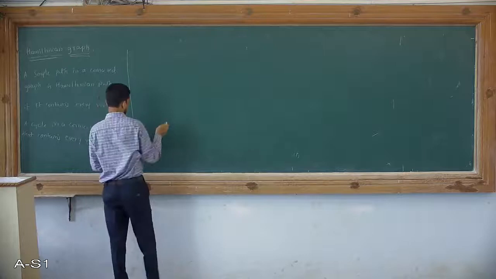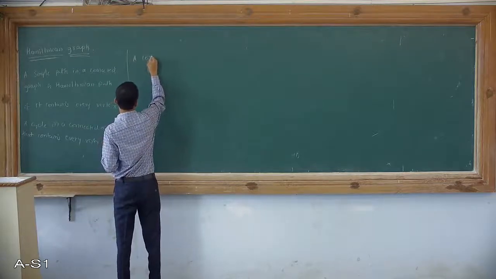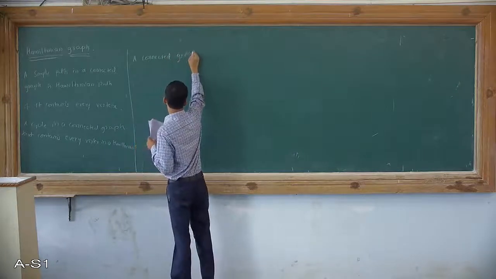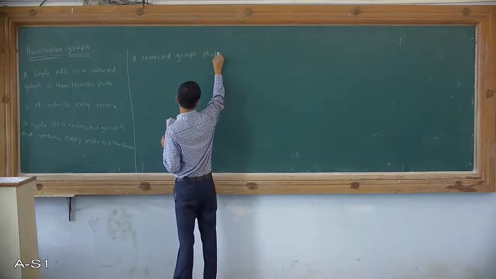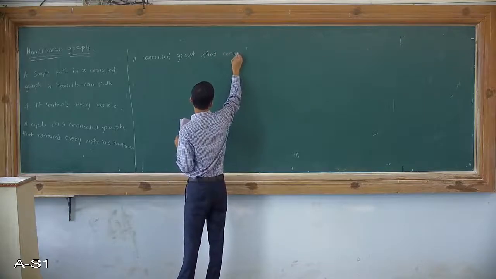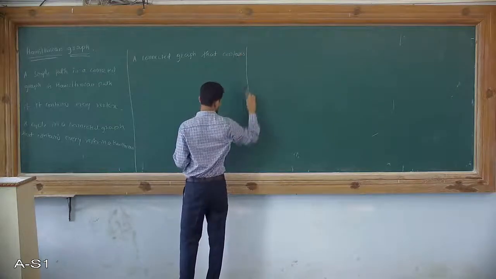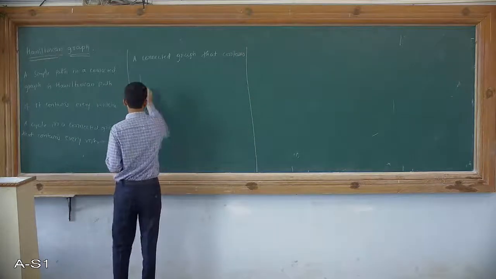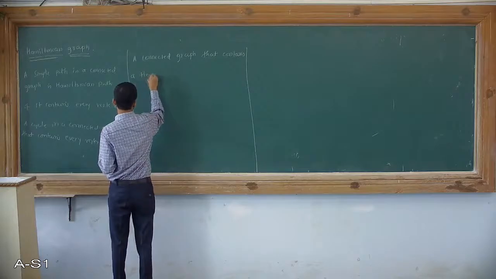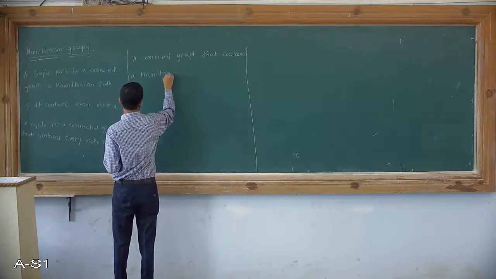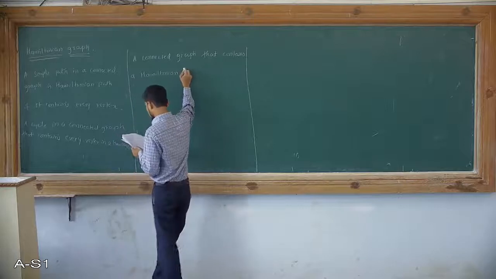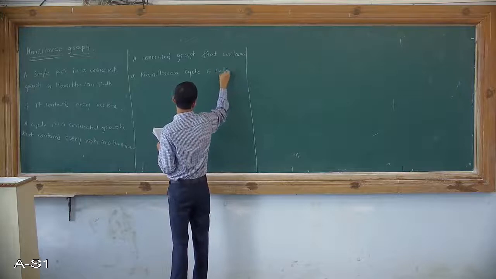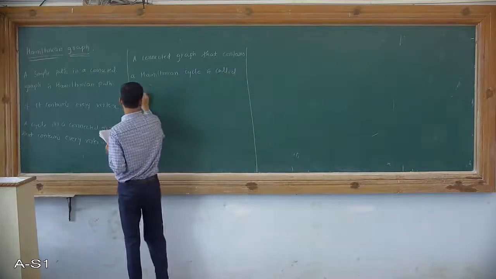A connected graph that contains a Hamiltonian cycle is called a Hamiltonian graph.